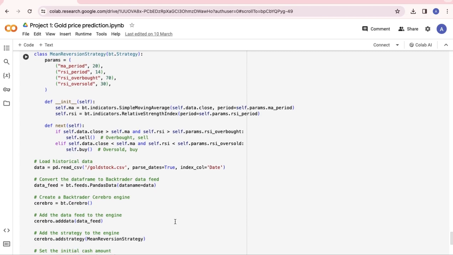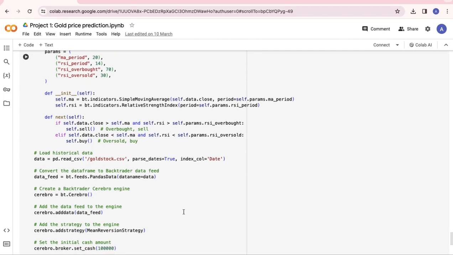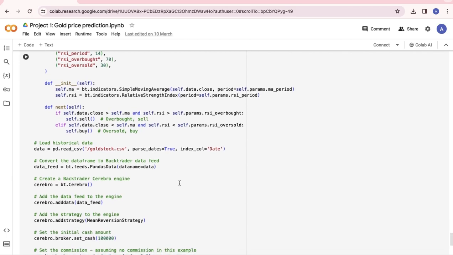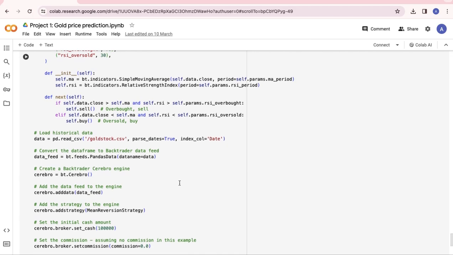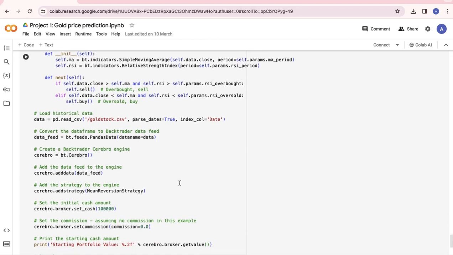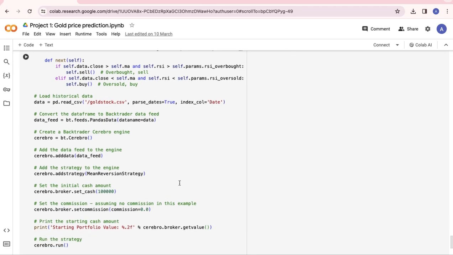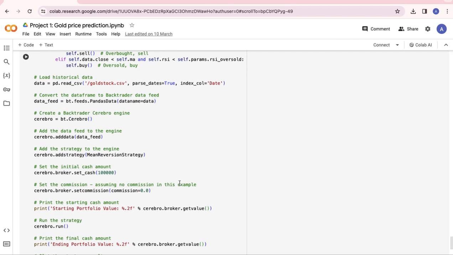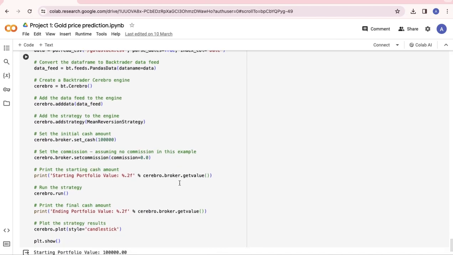The lines that follow calculate the relative strength index, the RSI, over a specified period of time using the relative strength index indicator provided by backtrader. Then the method as follows is called for each new trading bar. The relative strength index is calculated over a specific period.